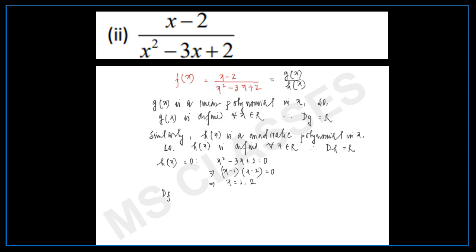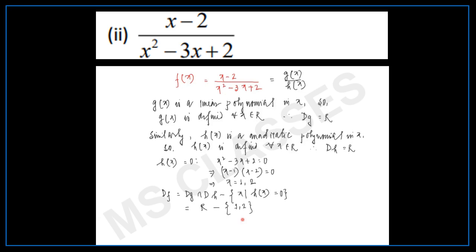Domain of f equals domain of g intersection domain of h minus those values of x for which h(x) is 0. So R minus the set containing 1, 2.